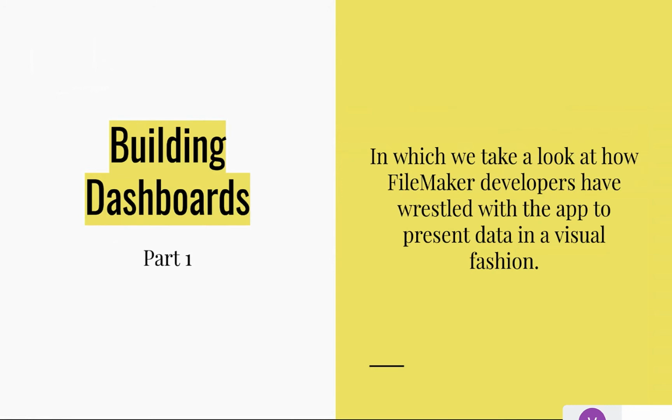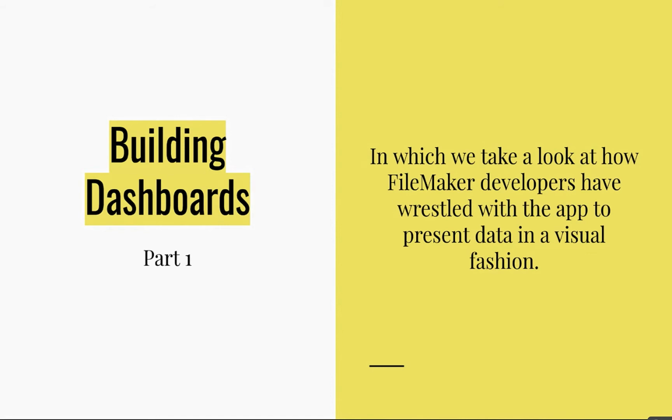So, in my time as a FileMaker developer since like 2008 or so, I have watched people write about this. I have watched many videos about this, and I think the community has spent some time talking through how to build dashboards.